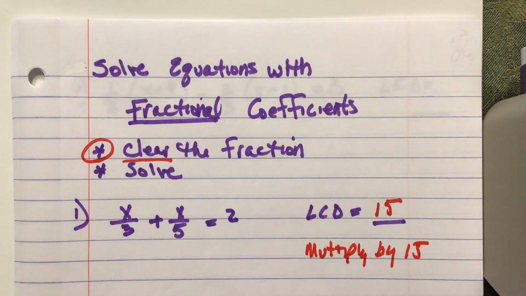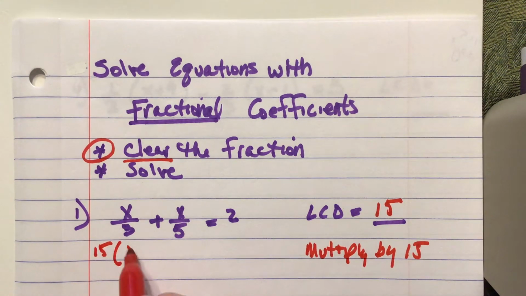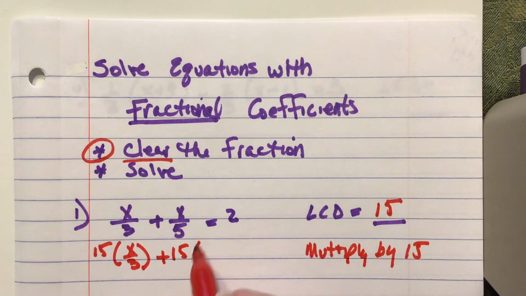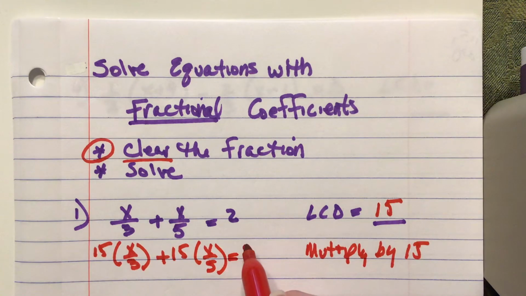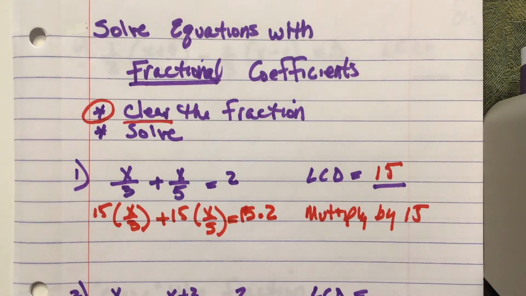So I'm going to multiply every term. So 15 times x over 3 plus 15 times x over 5 is equal to 15 times 2. So I'm multiplying everything by that 15.